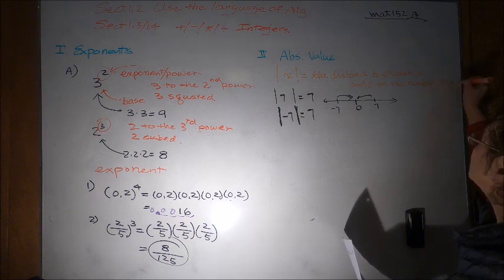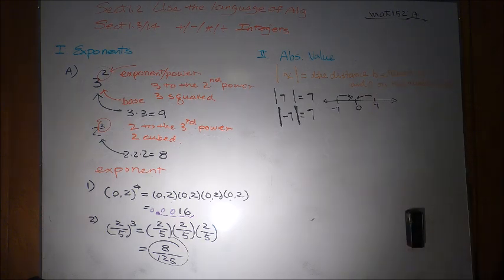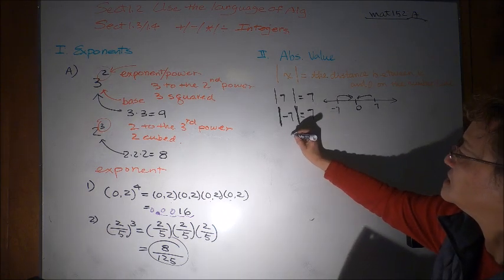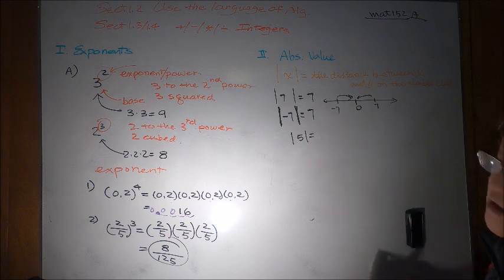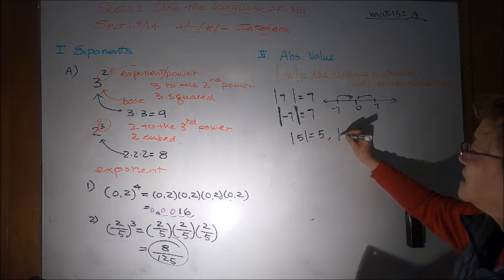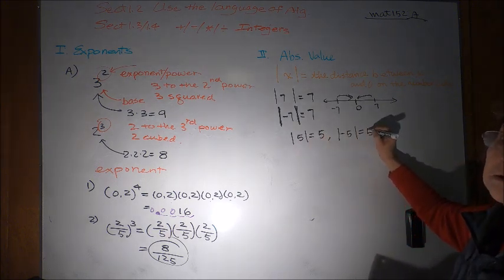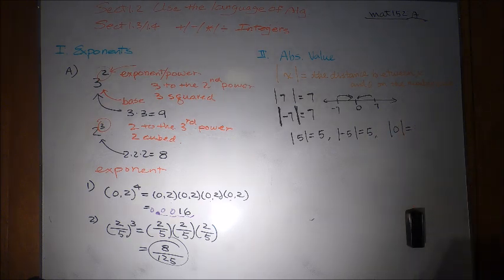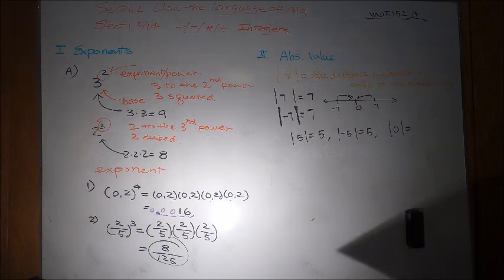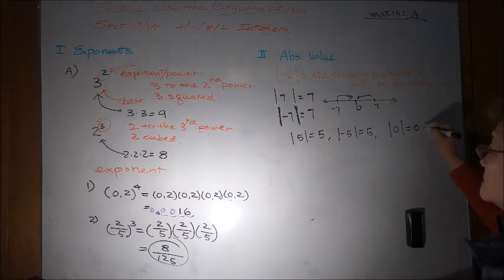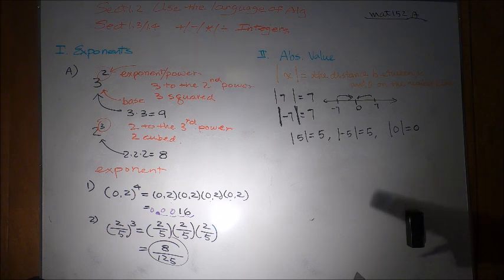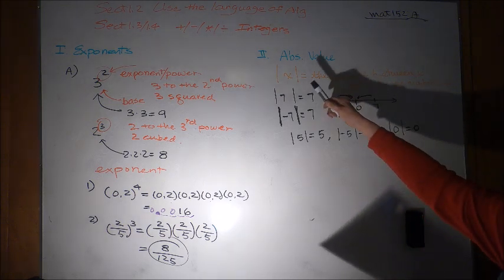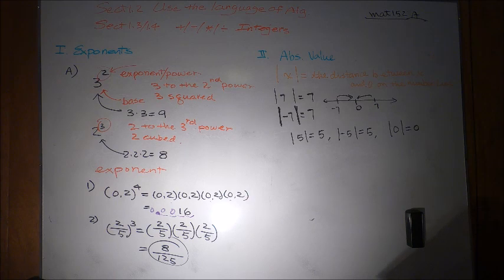We put a number there, right? So if the distance from 5 to 0, that would be 5. Negative 5 to 0, still 5, right? Absolute value of 0, that would be what? What's the difference between 0 and 0? Nothing. 0. Okay? So we introduced the concept of absolute values.